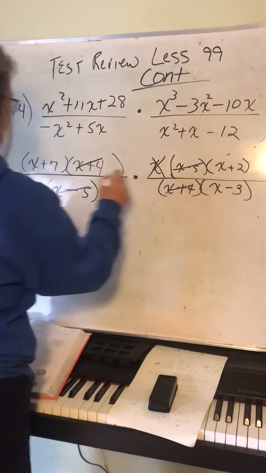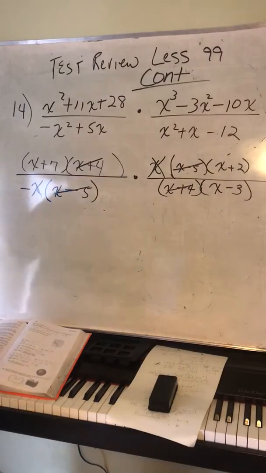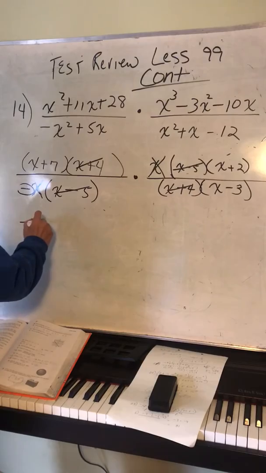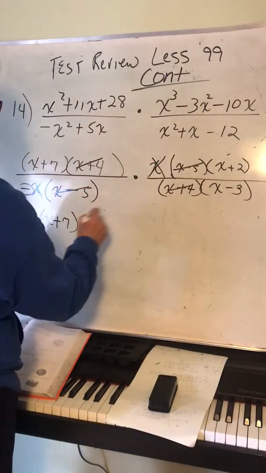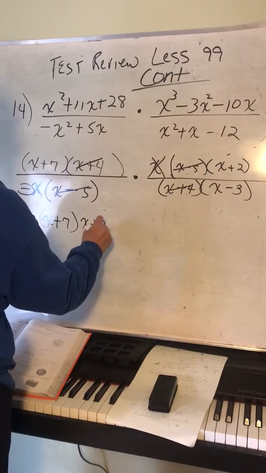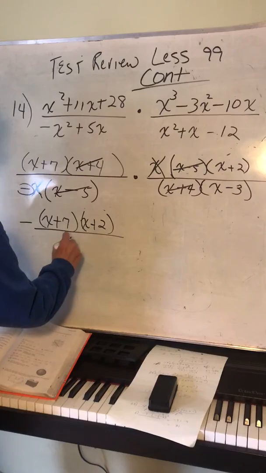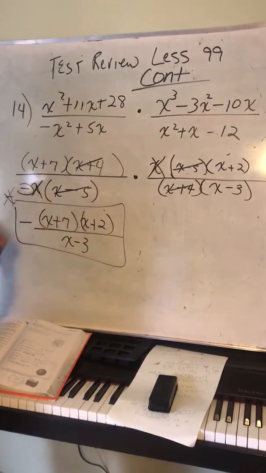So cancel out that x. And then we want to just leave this negative here, so we're left with x plus 7, and this is times x plus 2, and then our denominator is just x minus 3. And that's as far as we can go. That is the answer right there.